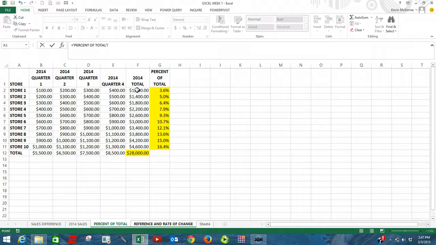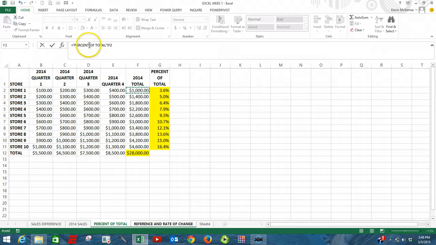I'm going to then click in cell F2. Once again, when we look at this formula up here, it's telling us our formula is equal to the value in F2 that's in the sheet called percent of total.